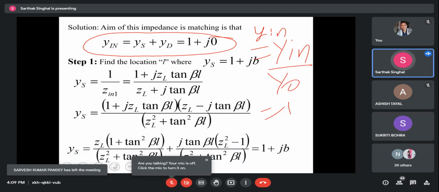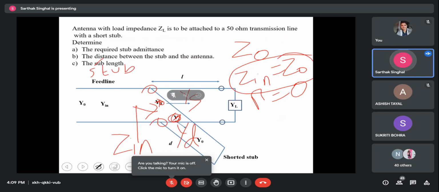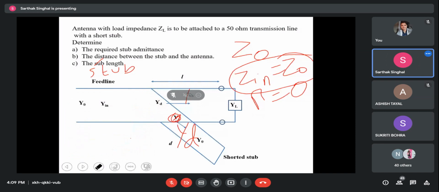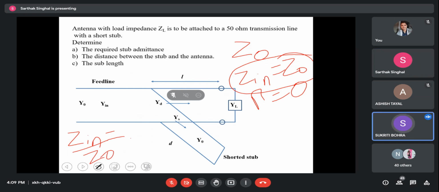So what will be the value of z n? Basically z n1 or z n. What is the equation of z n? We know it very well, right?